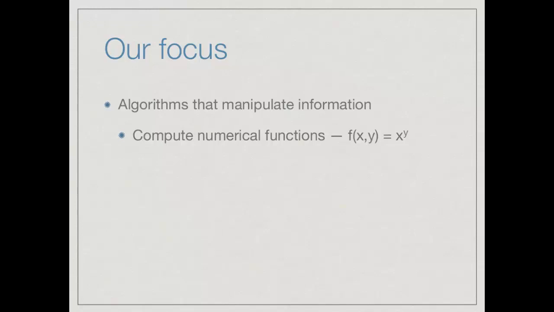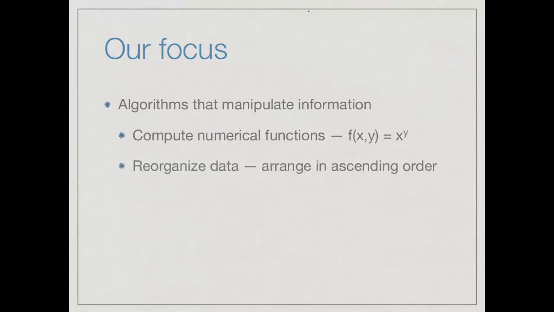We have seen any number of such functions in school, for example, to compute the square root of x. What we do in school is we have a complicated way to compute the square root of x, or we might have x divided by y where we do long division and so on. So these are all algorithms which compute values given one or more numbers. They compute the output of this function.